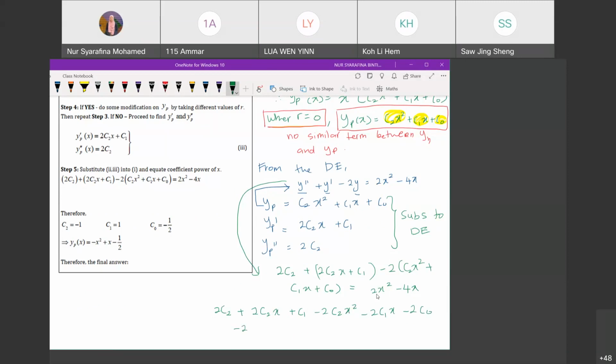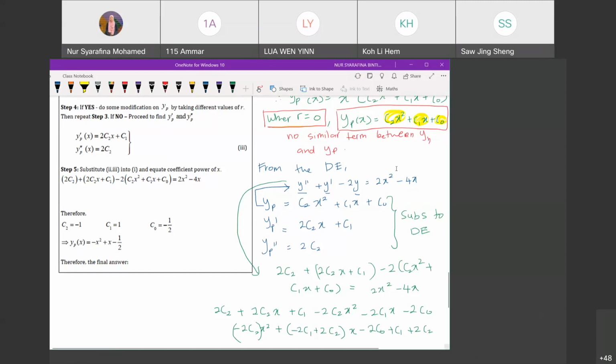We have minus 2c2x squared, minus 2c1 plus 2c2x, and then the rest is constant, minus 2c0 plus c1 plus 2c2.